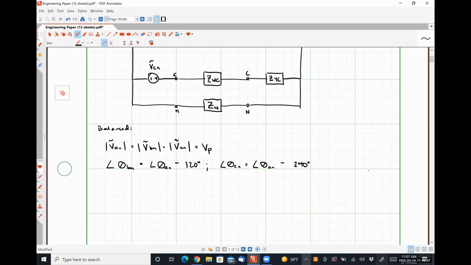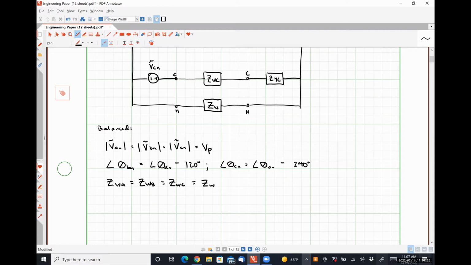So the impedances ZWA, ZWB, and ZWC need to be identical. Which I might use as a shorthand notation, the representation ZW, okay?